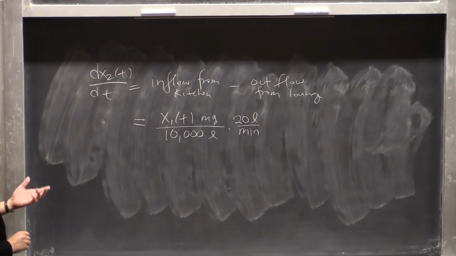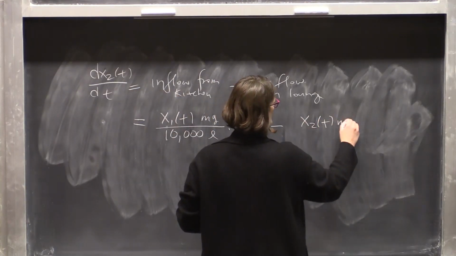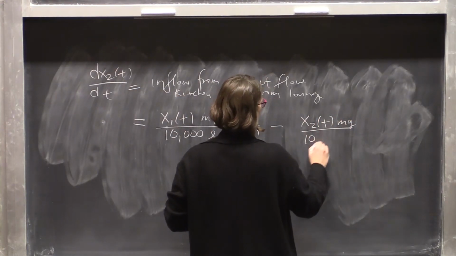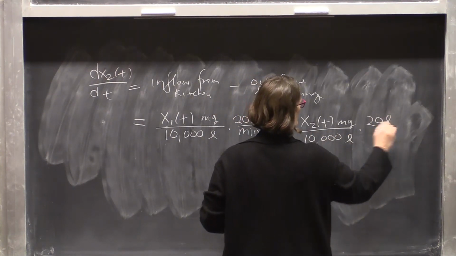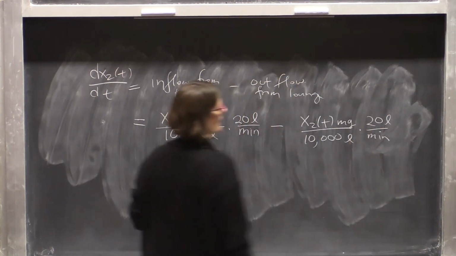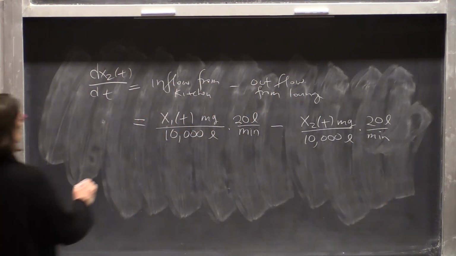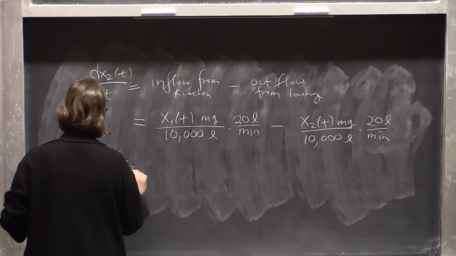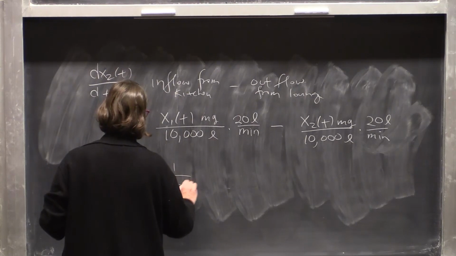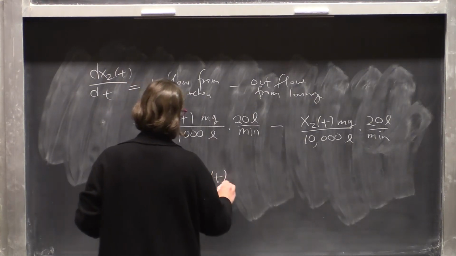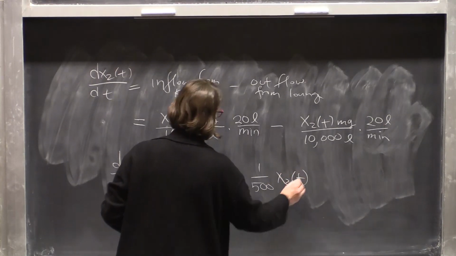The outflow from the lounge, well, we have x2 milligrams in the lounge air. The volume of the lounge is 10,000 liters. We have 20 liters per minute outflow. This gives us dx2/dt is equal to 1/500 x1 of t minus 1/500 x2 of t.